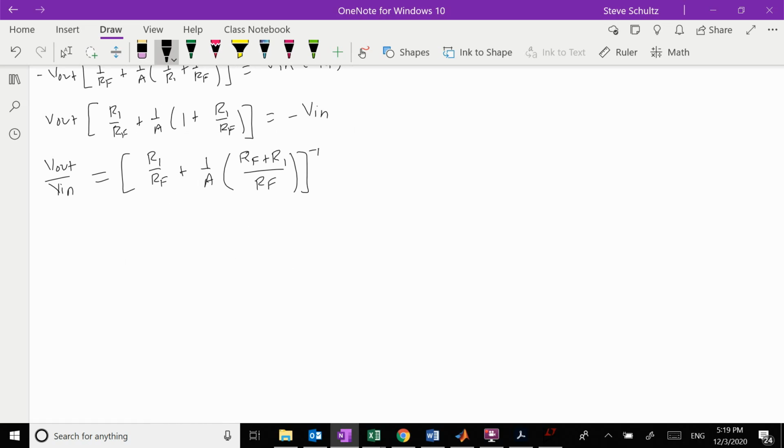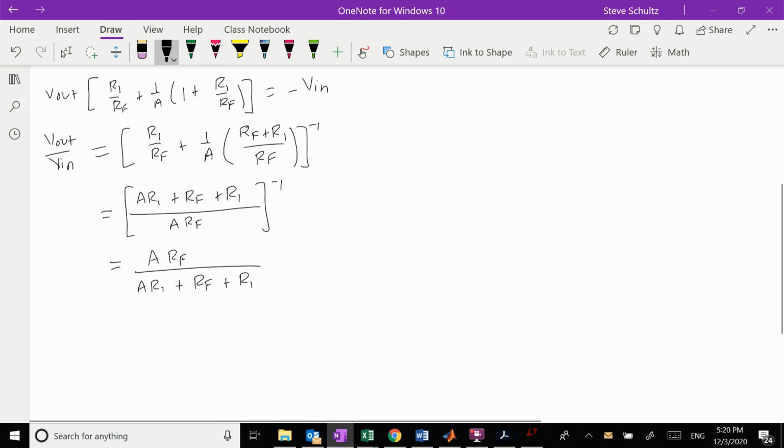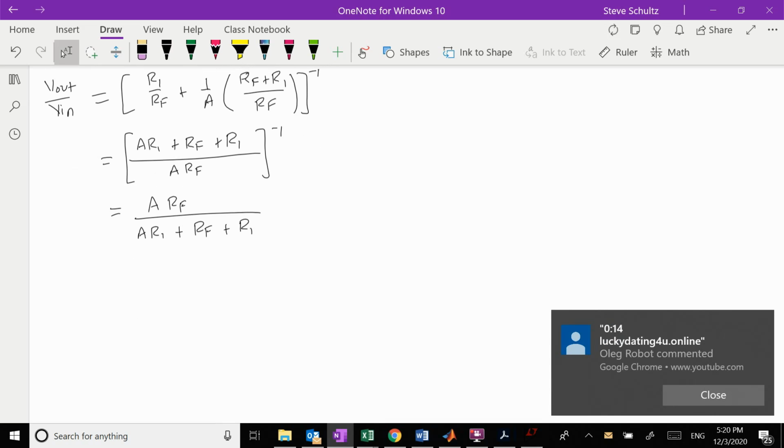And so then we have A times R1 plus RF plus R1 all over A RF, minus 1, which then we can flip over: A times RF over A R1 plus RF plus R1. Okay, so there's our gain.